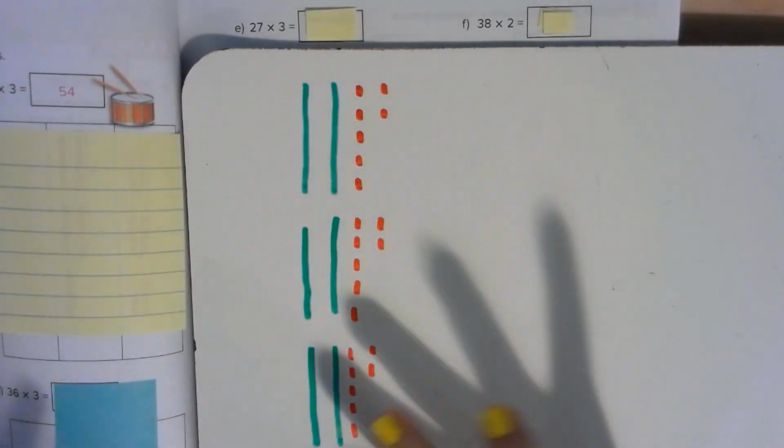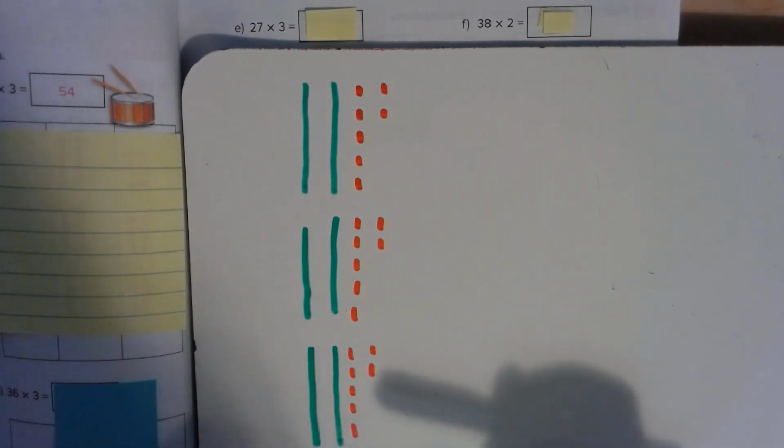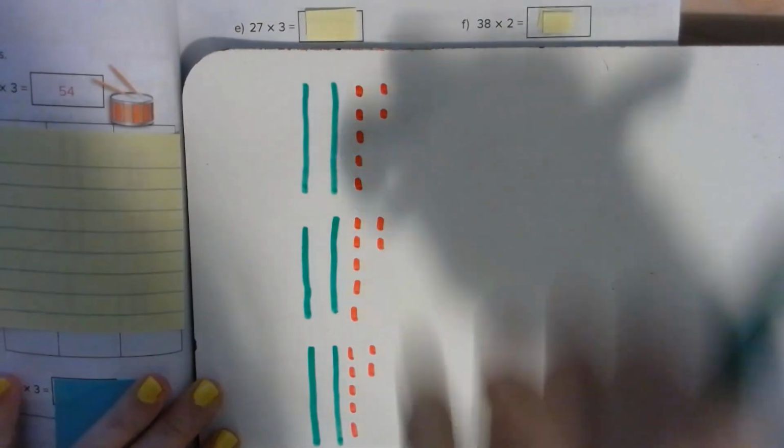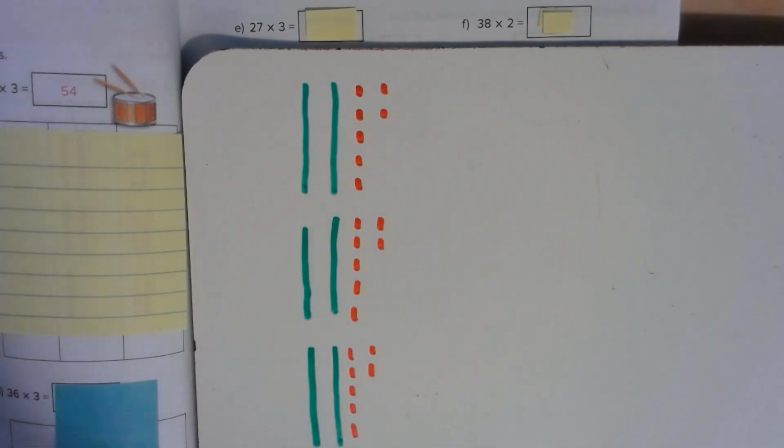1, 2, 3. Perfect. So we're going to start in our ones column. So remember when I told you if you do dots or your little squares by 5s, then you can easily find 10 because 5 plus 5 is 10.